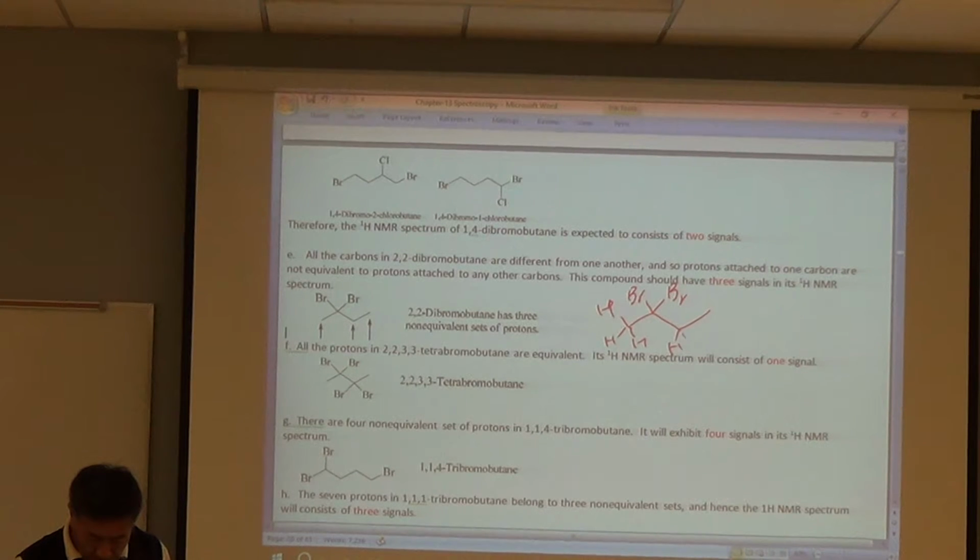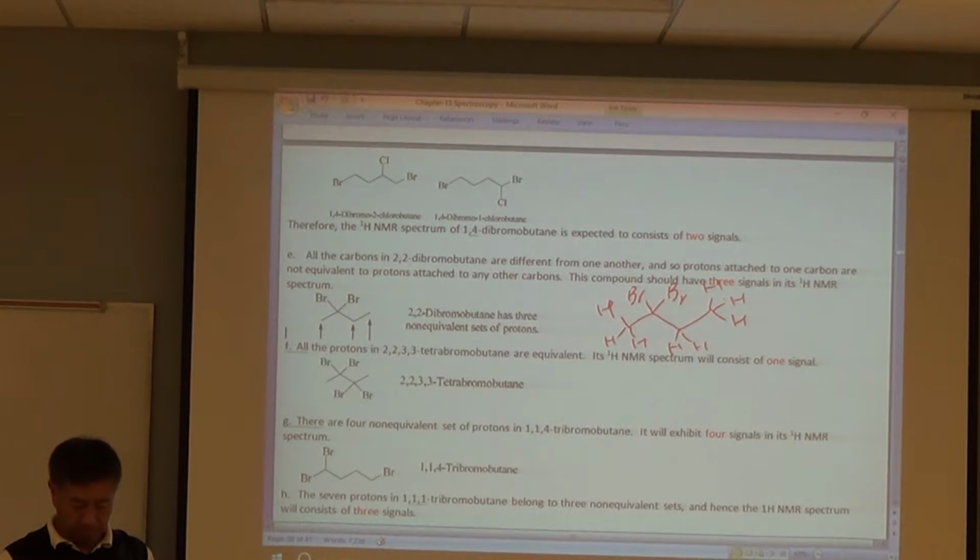And here we'll have 2H. And here we'll have 3H. So the one that will be more downfield should be this H.